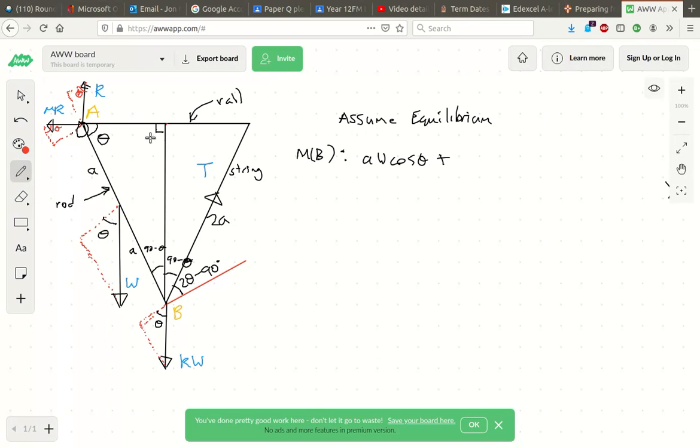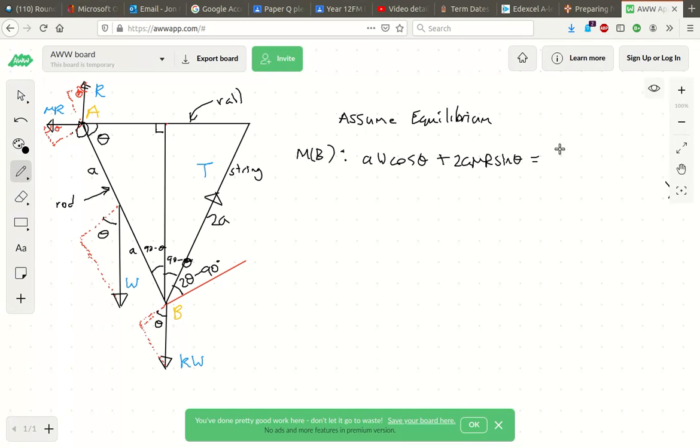Sorry about my terrible handwriting there. It's tricky on the graphics tablet, but I hope it makes sense where you can see those thetas go. It should be relatively straightforward drawing those little right-angled triangles and getting the theta in the right place. So anyway, this mu R is actually going to be mu R sine theta if I resolve it perpendicular to the rod. So I'm going to have 2a mu R sine theta.